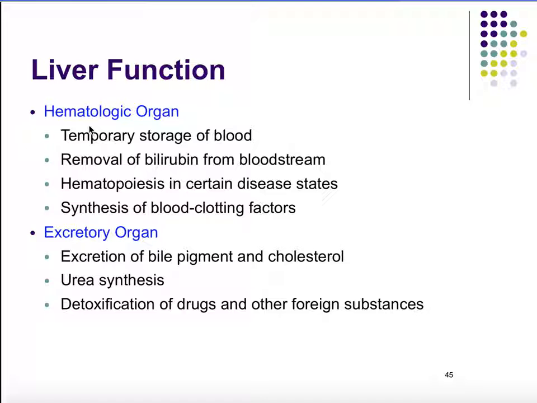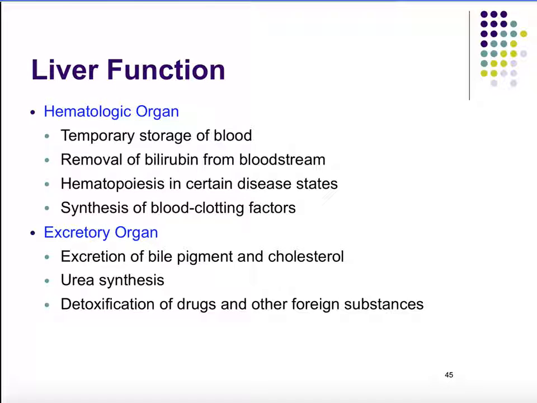The liver also plays a role in blood. It has a hematologic function. So this is where we can actually store some blood temporarily. We know it's involved in the breakdown of red blood cells by removing bilirubin from the bloodstream by conjugating it. It also has hematopoiesis potential in certain disease states if necessary.